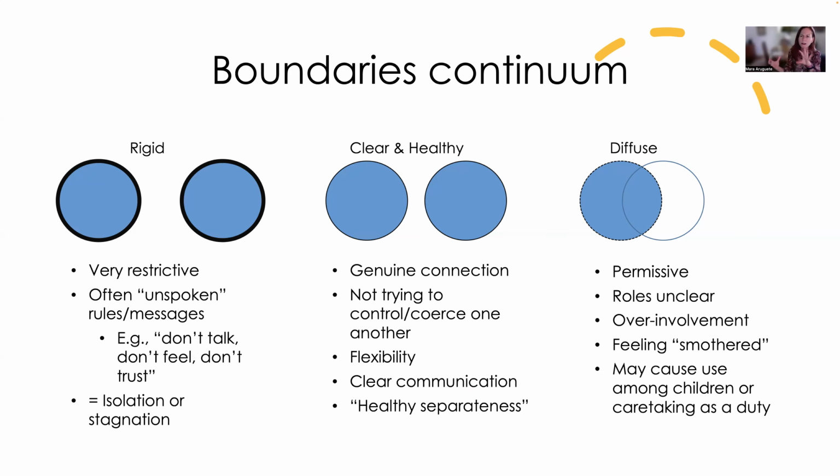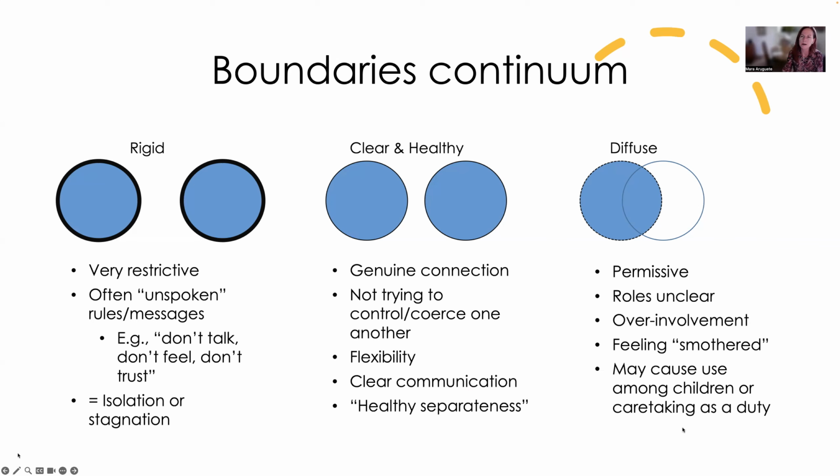There's an over-involvement with each other, feeling smothered by the other person. This may cause caretaking as a duty, where your child feels like they've got to do caretaking. It may also result in substance use among children when they have a substance using parent.